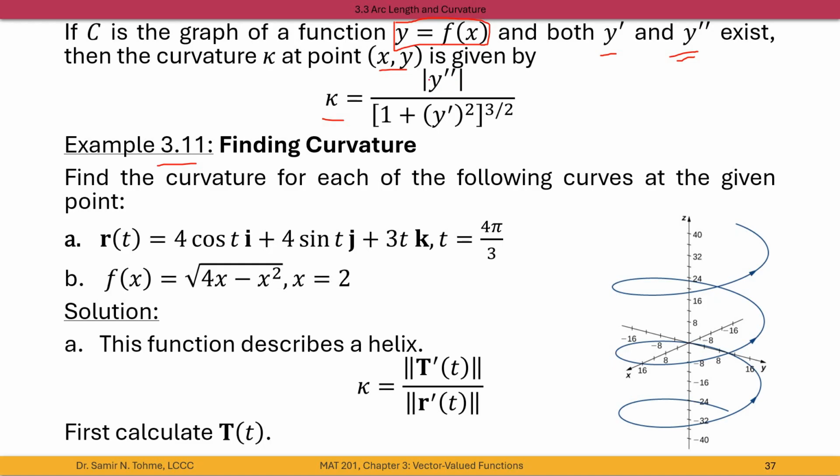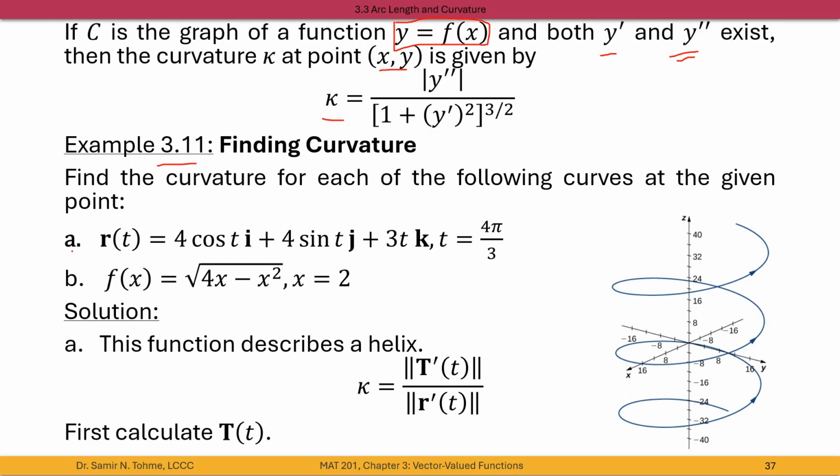And it is given by this equation: the absolute value of y double prime divided by 1 plus y prime squared, and all of that to the power of 3 divided by 2.